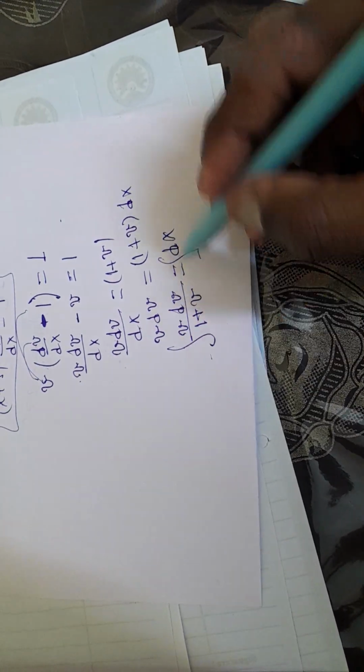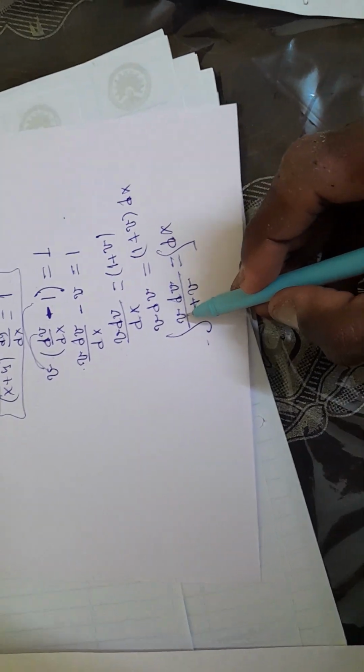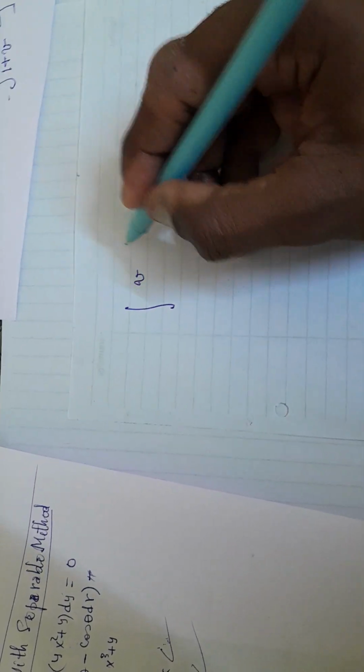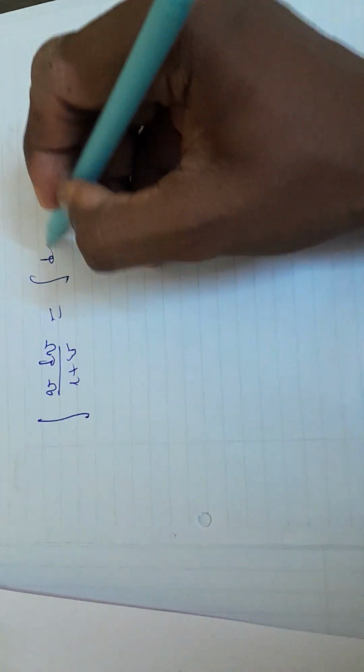Integration on both sides. Actually, let me pick up another paper here. So we have the integral of v dv upon 1 plus v equal to the integral of dx.